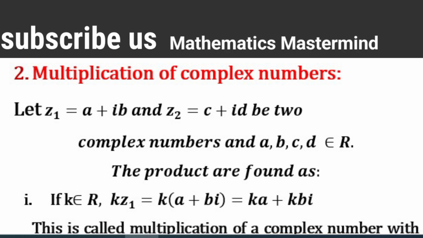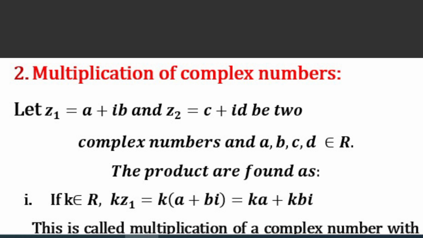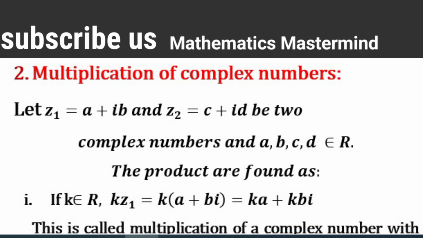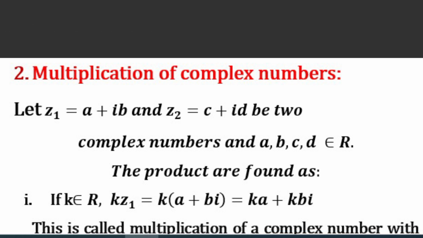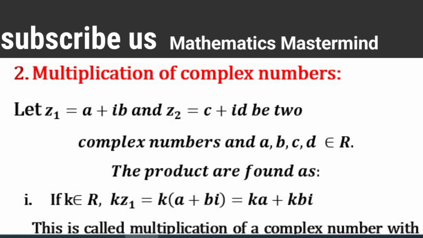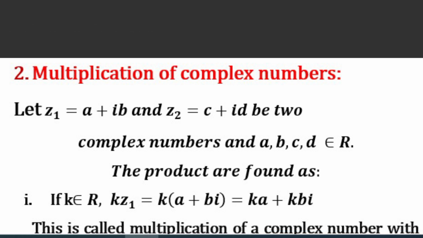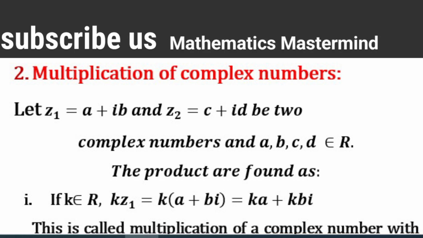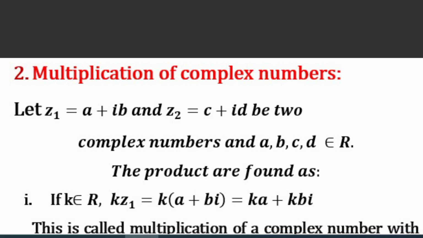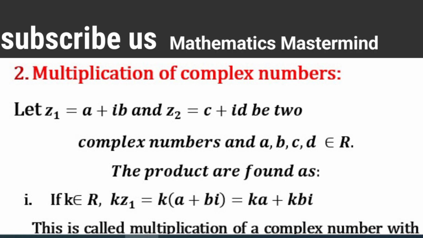If k belongs to the real numbers, being a scalar, then k z1 will equal k into (a plus b iota), where z1 is a plus b iota as a complex number. Then this k will be multiplied to a and b iota separately. We will get ka plus kb iota. This is called multiplication of a complex number with scalars.